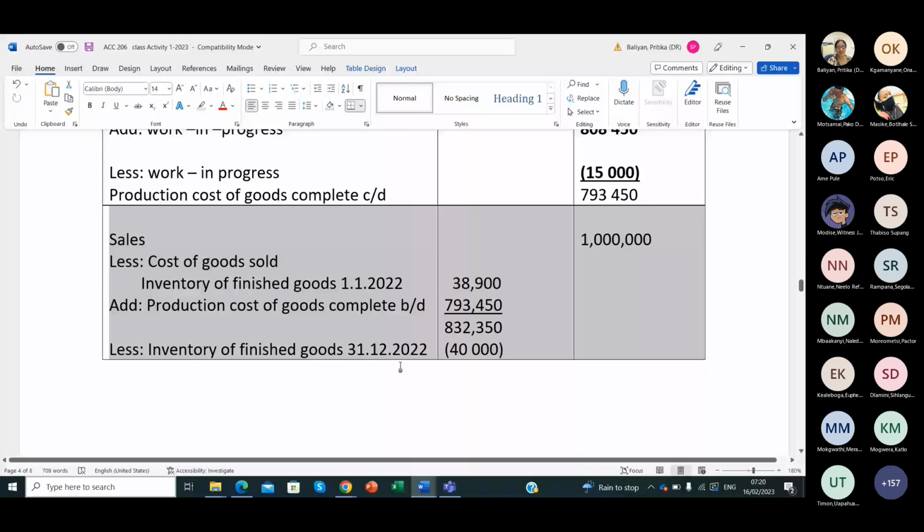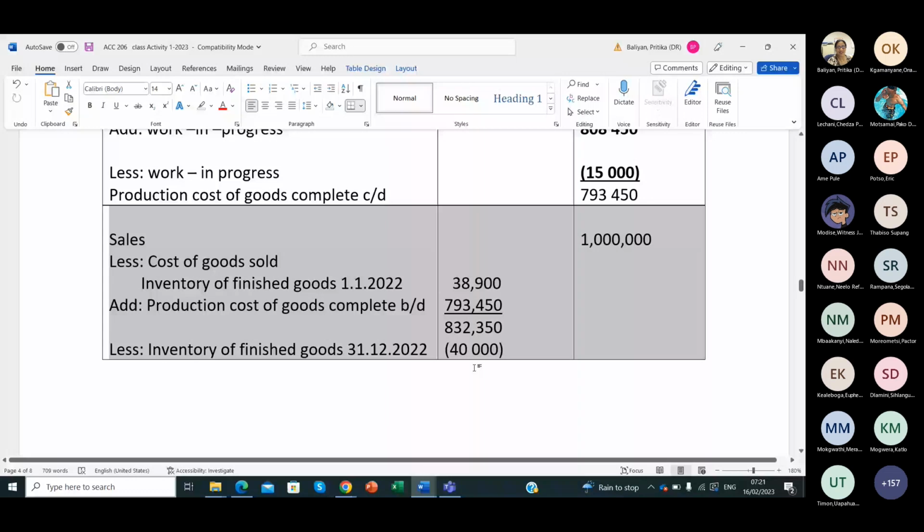So the remaining inventory is treated as closing inventory, and we always subtract the value of closing inventory. That's why this 40,000, which is given after the trial balance in the question as inventory at the end of the year, 31st December, with a cost of 40,000, we subtract here.